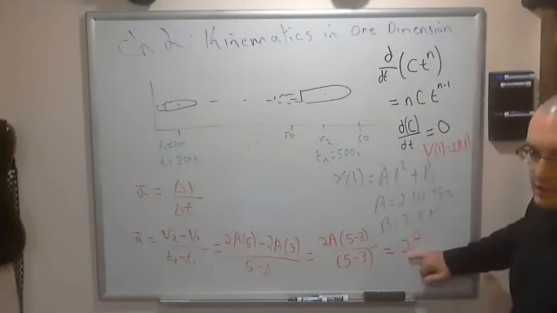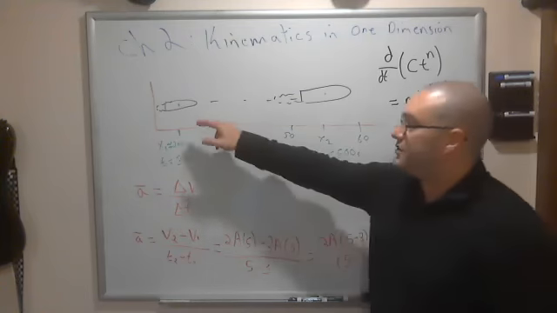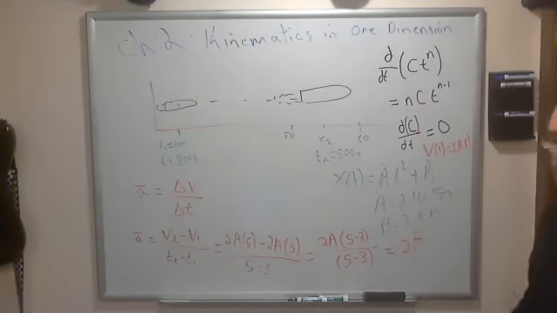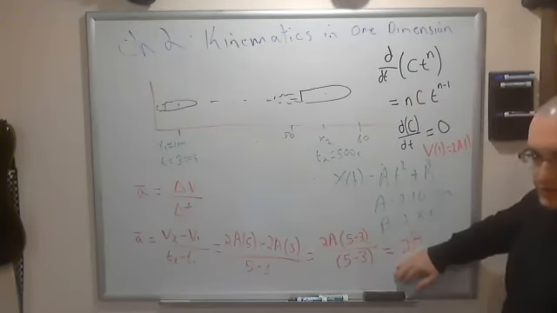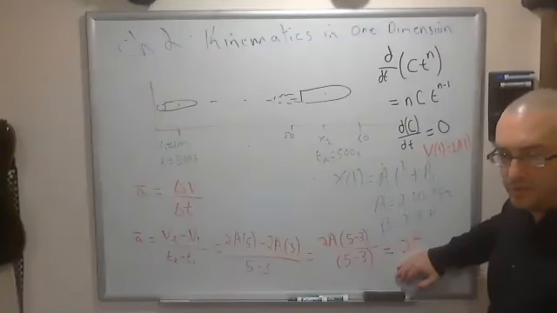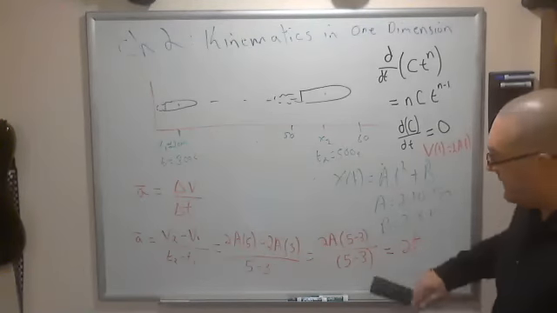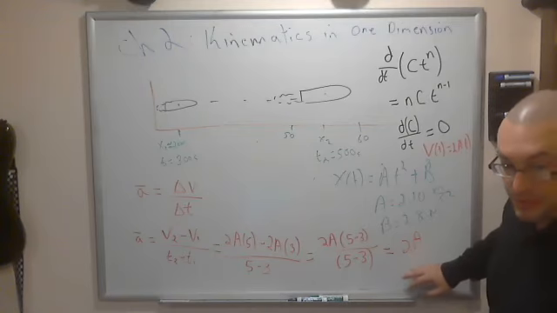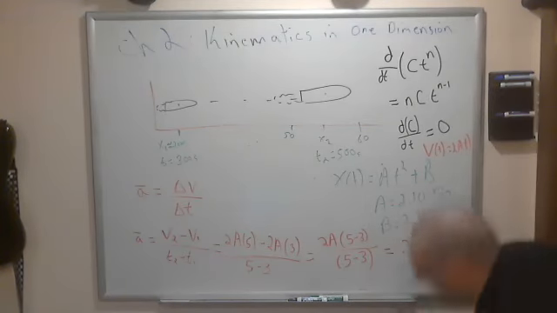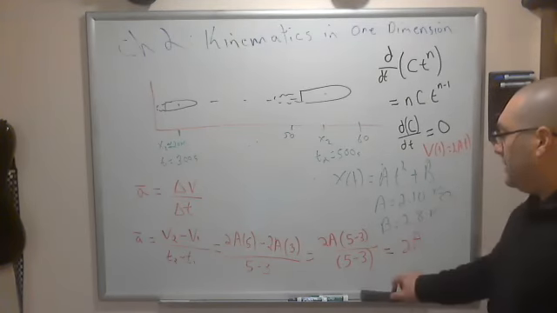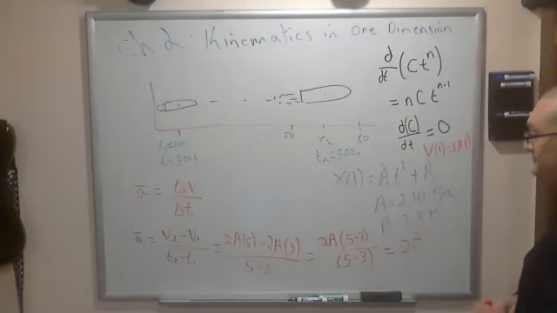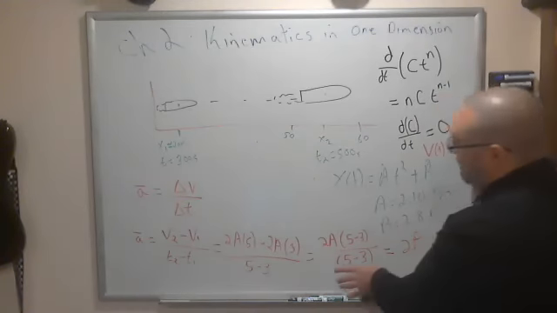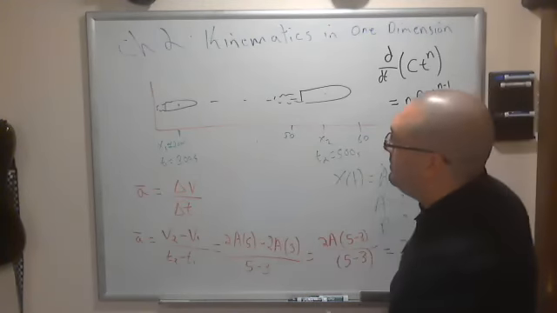We'll get into it when we do forces, but it implies a constant force, and there's a constant acceleration. The acceleration doesn't change over time. These are generally the problems that we'll be dealing with in kinematics. They are constant acceleration problems. So now this is the average acceleration during this time.